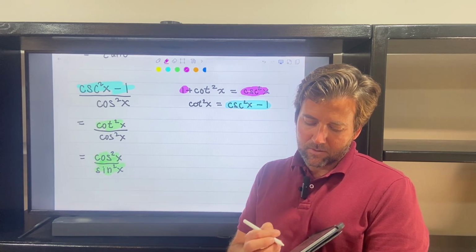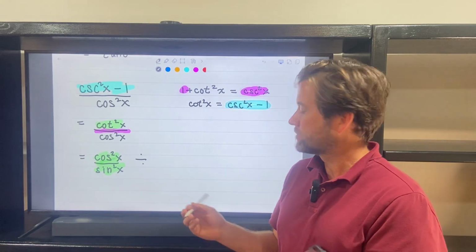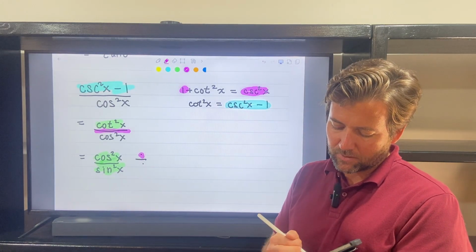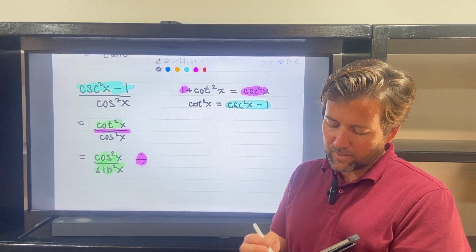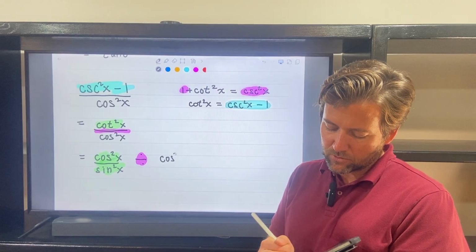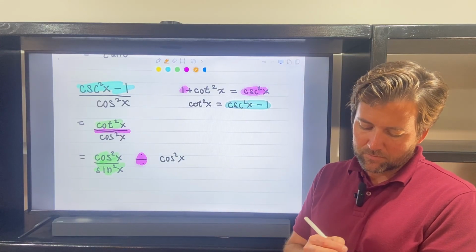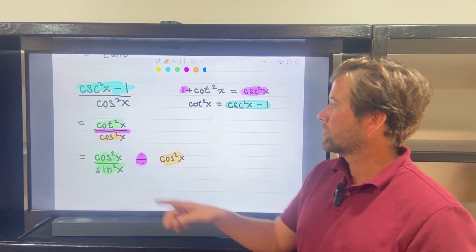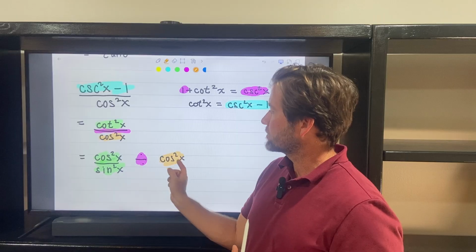Okay, now see this divide symbol? I prefer to rewrite it like this, divided by cosine squared x. So we have cotangent squared x, which is here, divided by cosine squared x.